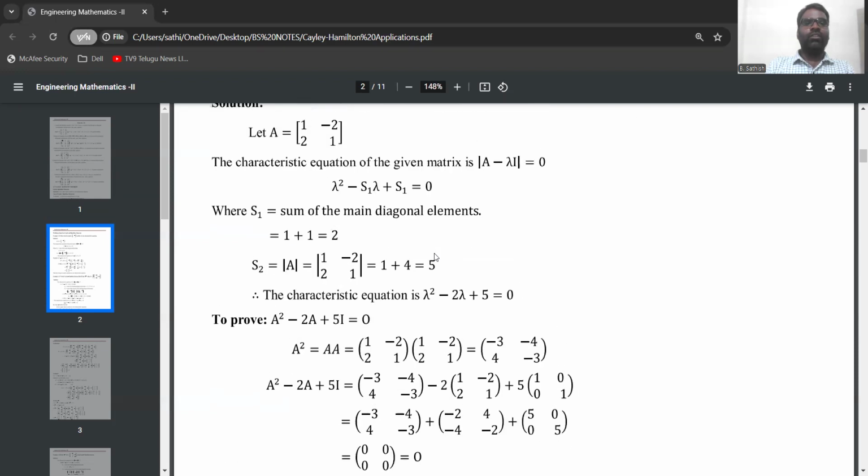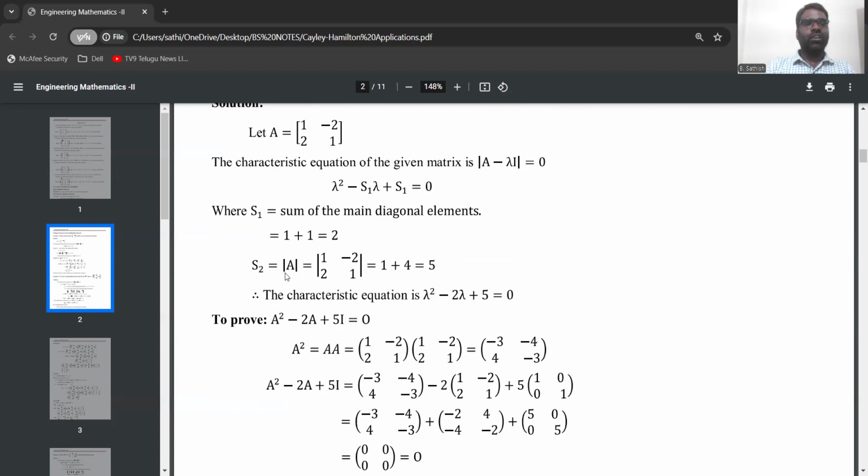From that, we will get an equation like lambda square minus S1 lambda plus S2. Here there is a small correction, this is S2, make a note of that. Here S1 is the sum of diagonal elements, that is 1 plus 1, which is 2, and S2 is the determinant of the given matrix.